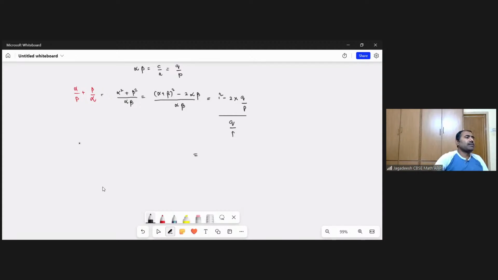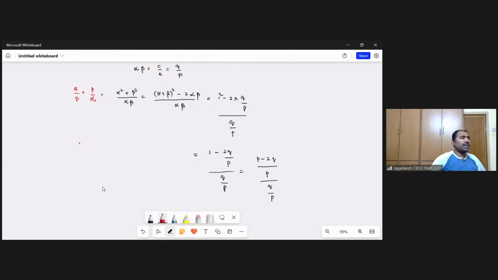So we get 1 square is 1 minus 2q by p, whole divided by q by p. Take LCM for the numerator. So we get p minus 2q by p divided by q by p.